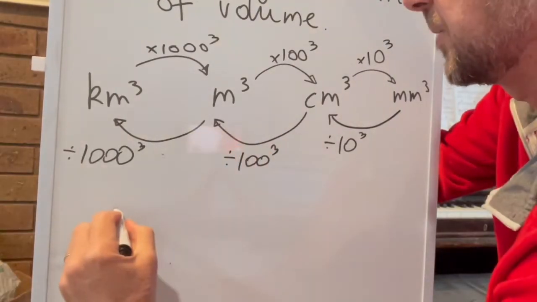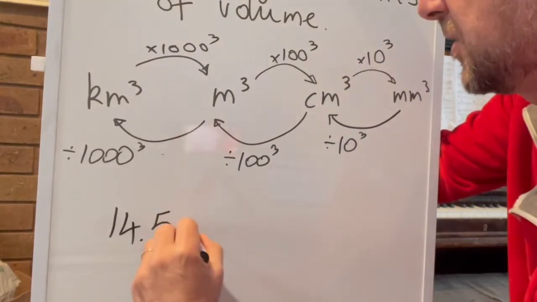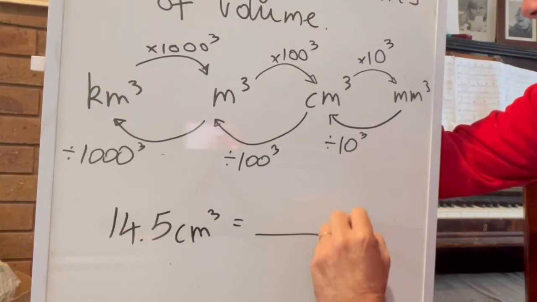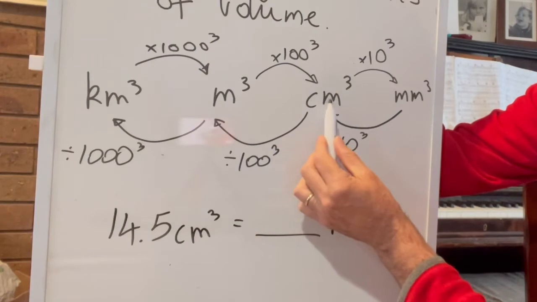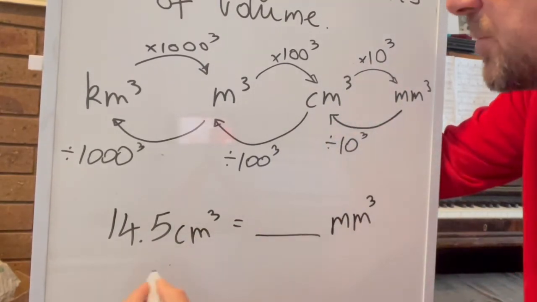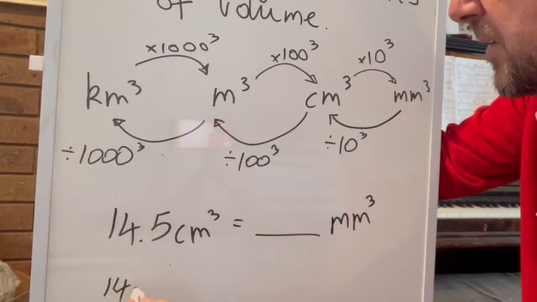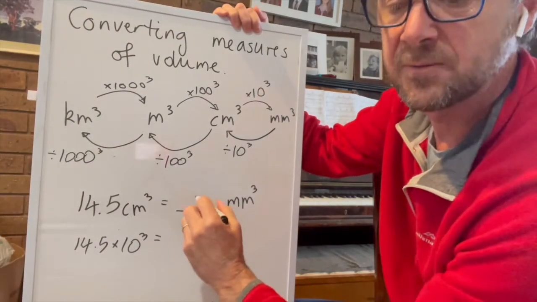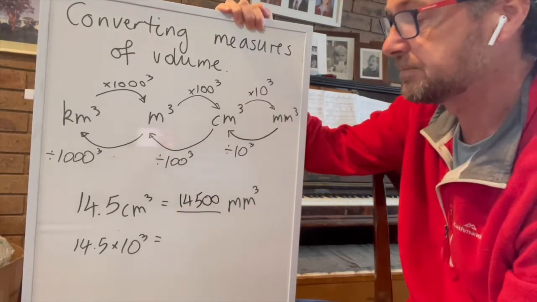This takes, for example, 14.5 centimetres cubed, and we want to make that equal to millimetres cubed. So to go from centimetres cubed to millimetres cubed, we're going to multiply 14.5 times by 10 cubed, and that will become 14,500.